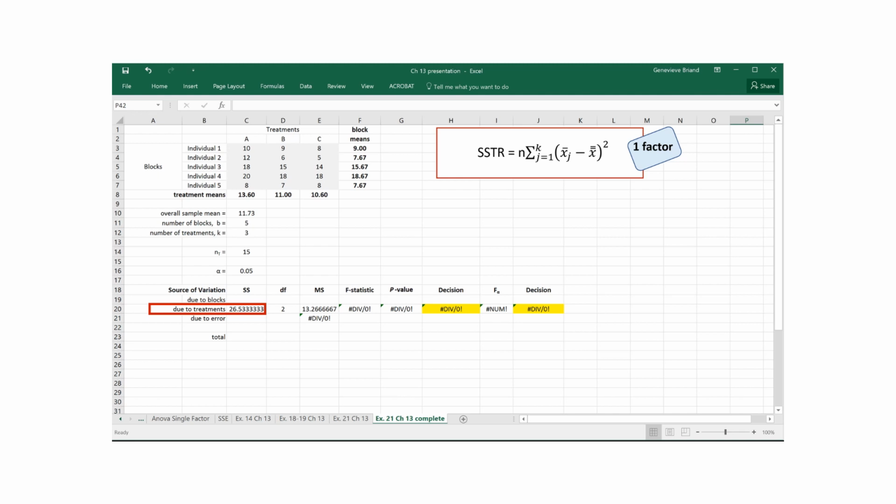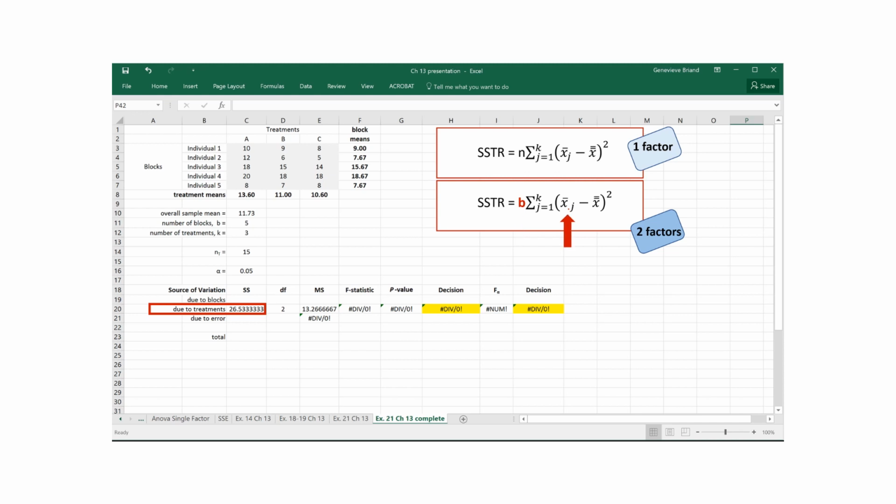This is the equation we used for SSTR, sum of squares due to treatments, for the completely randomized design, or single factor ANOVA. In this context of a randomized block design, or two-factor ANOVA without replication, here's how it looks. We have B instead of N. Now we talk about the number of blocks instead of the number of observations per treatment.